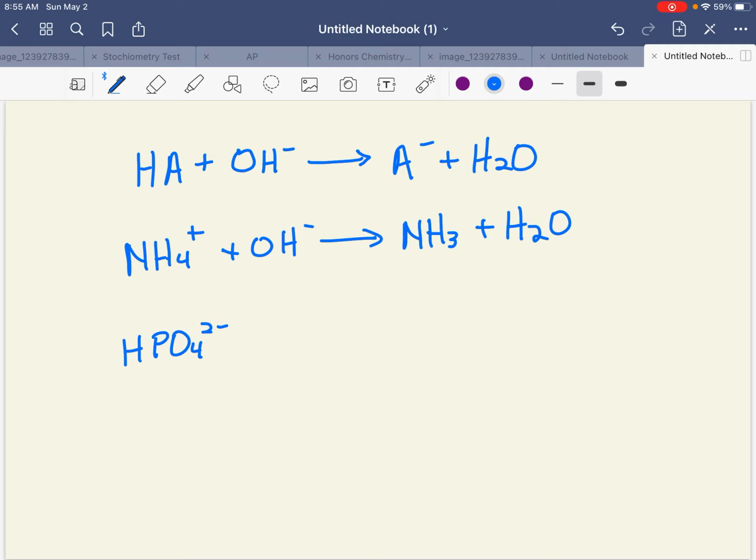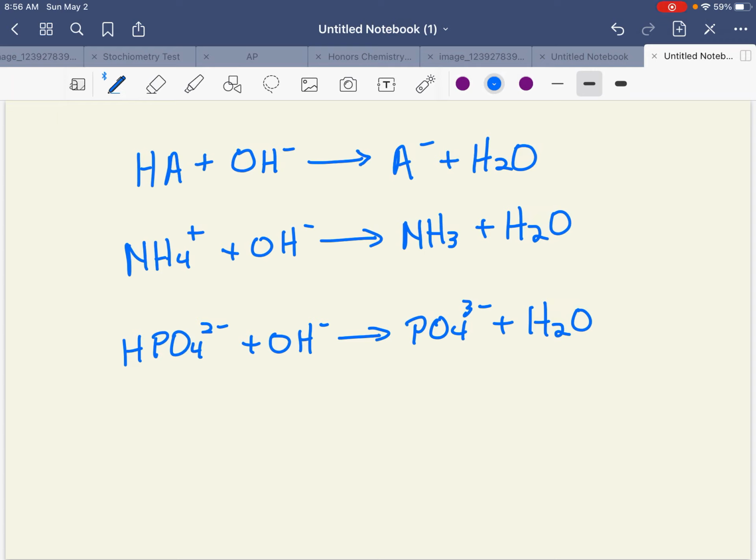So this last H is the last H to come off of phosphoric acid. If I react it with hydroxide, it's going to follow the same patterns as the one above. The hydroxide is going to pull that last H+ off of the hydrogen phosphate. That's going to leave me with phosphate and a water molecule.